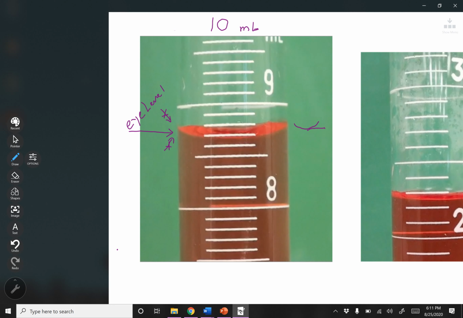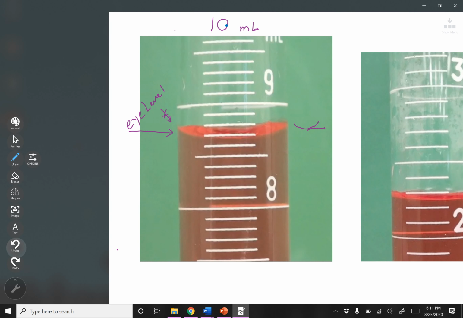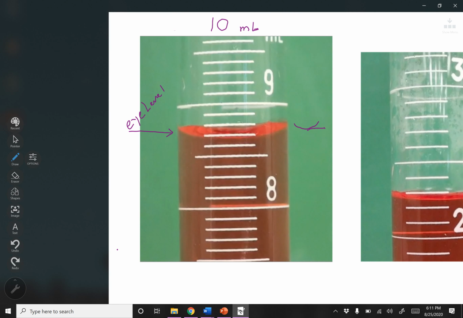So don't do either of those. You just want to get eye level with it. I'll draw in where you would want to put your eyes. So you want to get on that level. Okay, so let's try to read this.